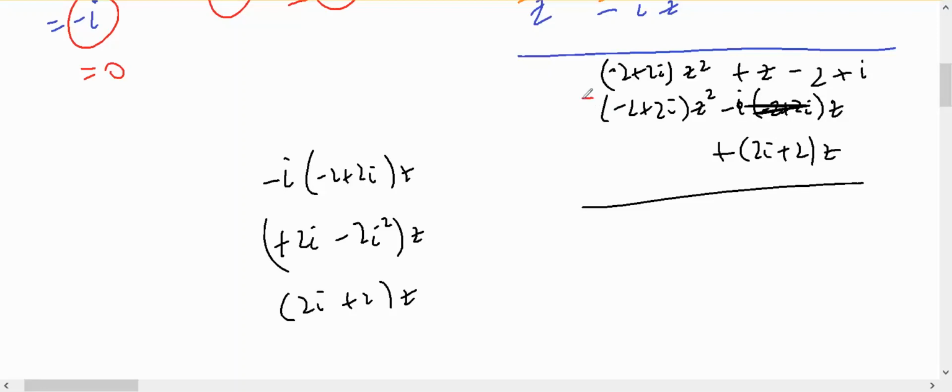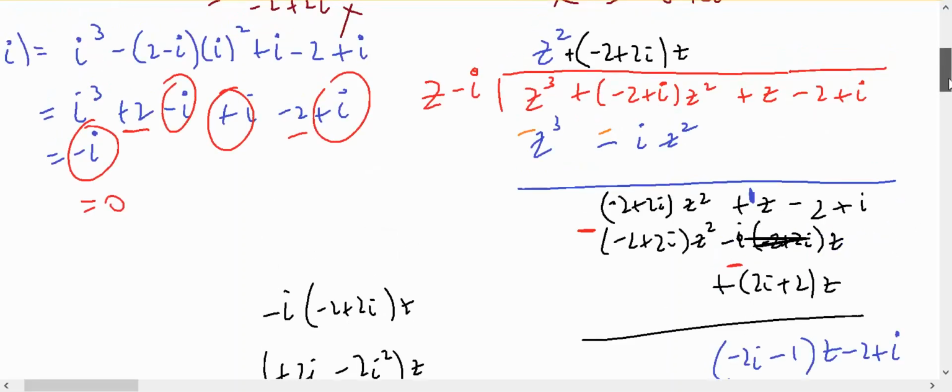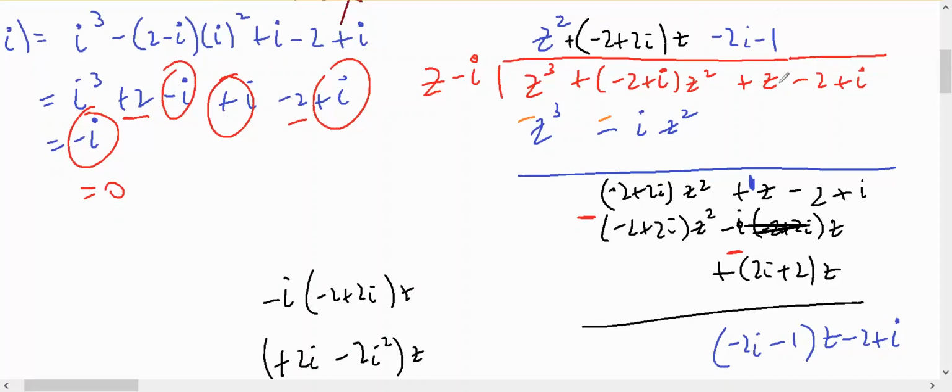Subtract the second one from the first. What do we got? We've got this minus that's nothing. I've got 1z minus 2i minus 2i. 1z minus 2 is minus 1. z minus 2 plus i, which means that goes into that minus 2i minus 1.